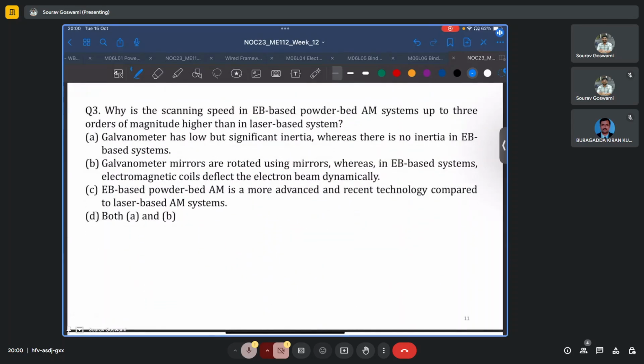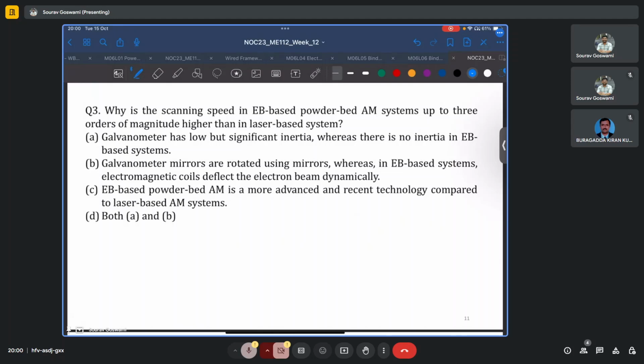The third question is asking us, why is the scanning speed in electron beam based powder bed AM systems up to 3 orders of magnitude higher than in laser based systems? If you remember, that is how it was. It could go up to 10 to the power 4 meter per second. And let us examine the reasons one by one. Is it because the galvanometers used in the laser-based systems have low but significant inertia, whereas there is no inertia in electron beam-based systems?